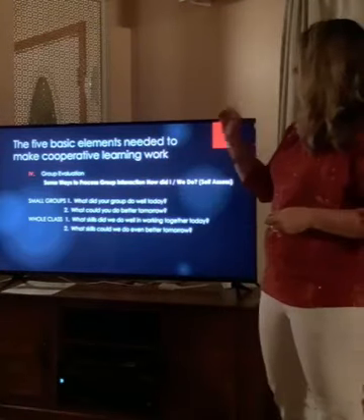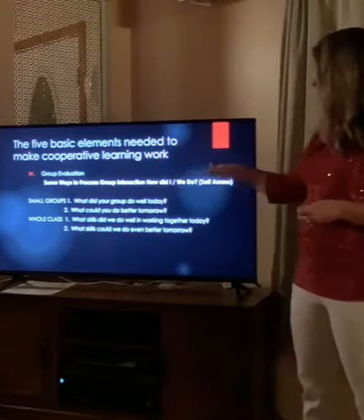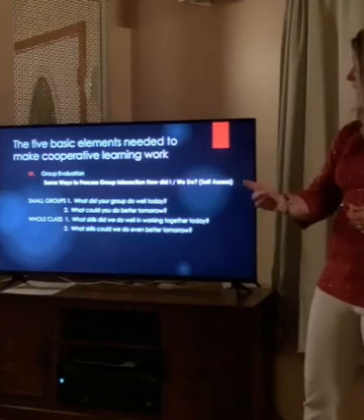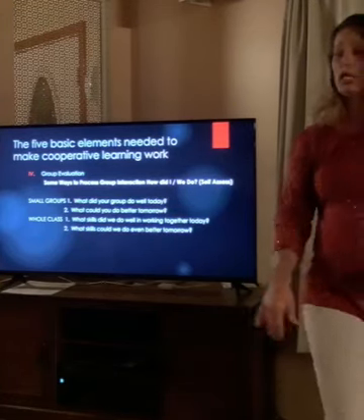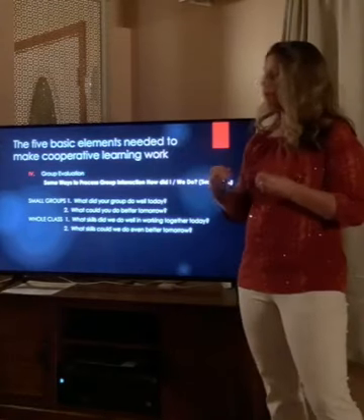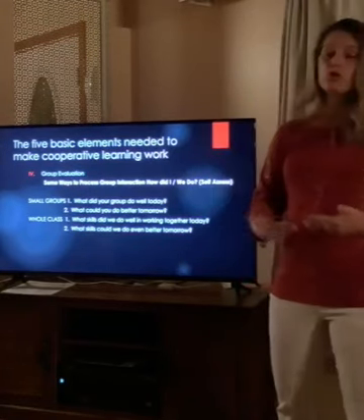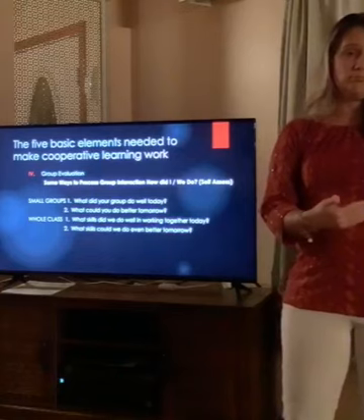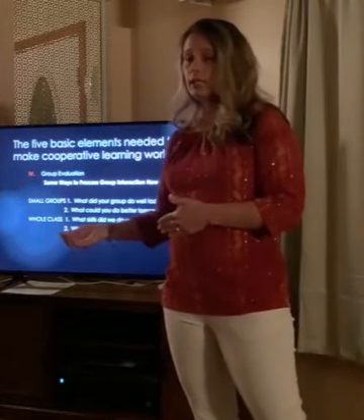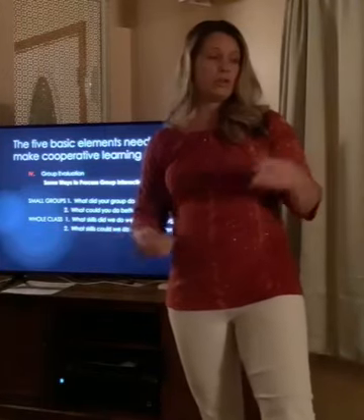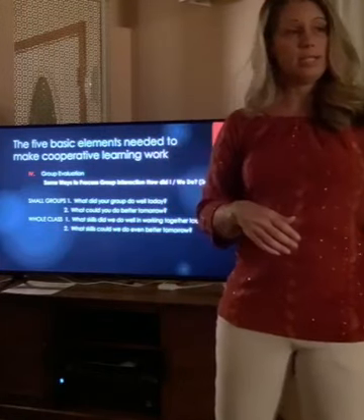Okay, so some ways to process group interaction, or self-assessment in small groups, might be as simple as, what did your group do well today? What will your group do well tomorrow? Okay, as you were working together earlier, what did you do well today?